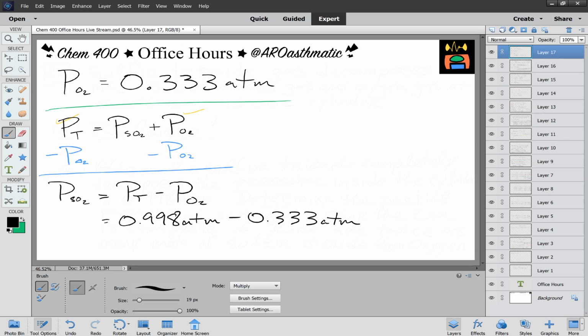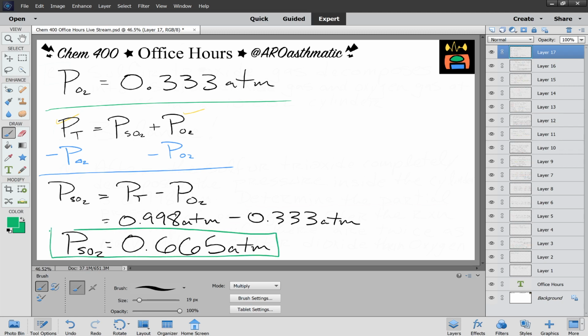And so our partial pressure of SO2 will be the difference between these two numbers, which is 0.998 minus 0.333 is 0.665 ATM. So these are the two partial pressures of the mixture of gas produced by this reaction.